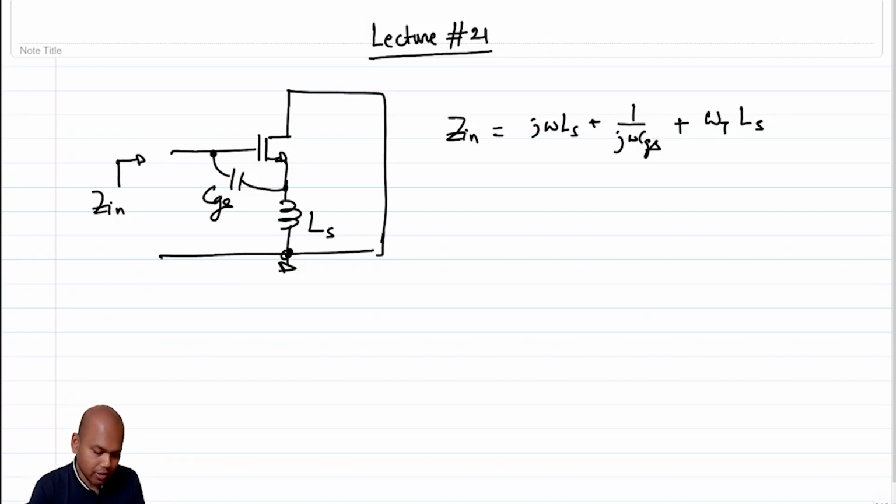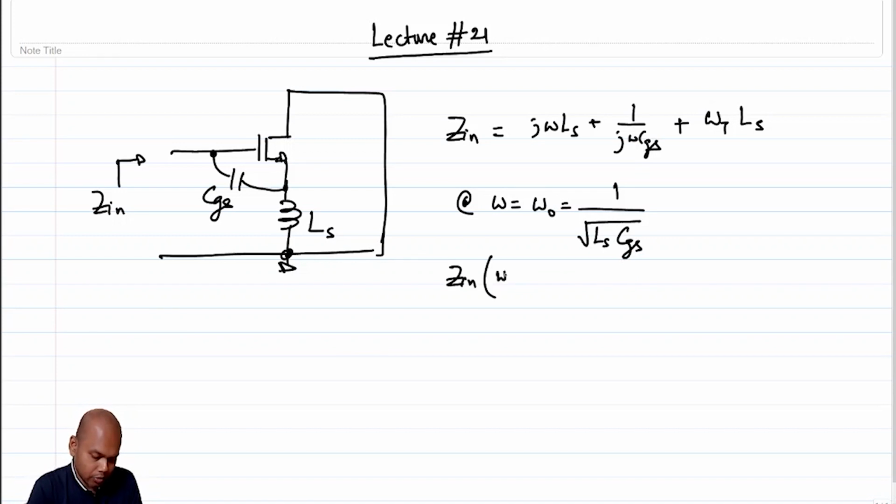And we saw that at the frequency where L and C can resonate out, so at omega naught equal to 1 by under root Ls CGS, your Zin at omega naught effectively becomes real, omega t times Ls.